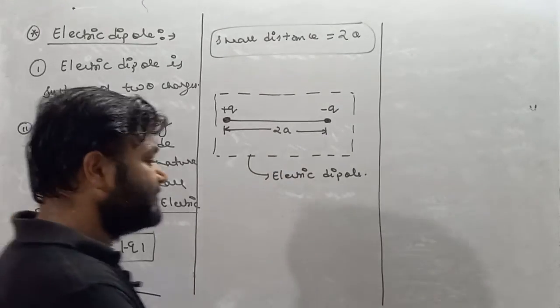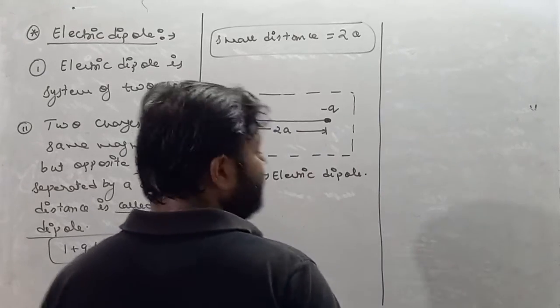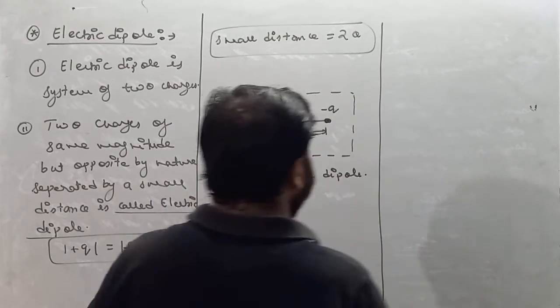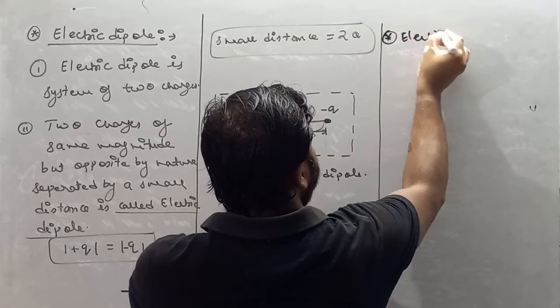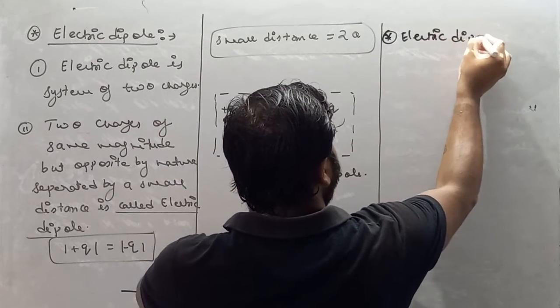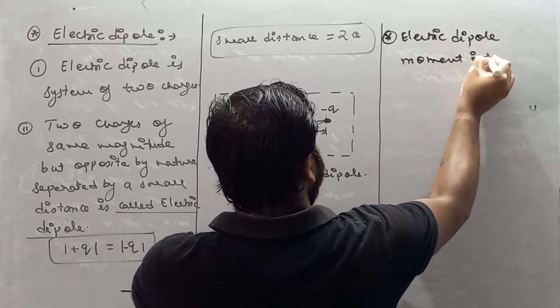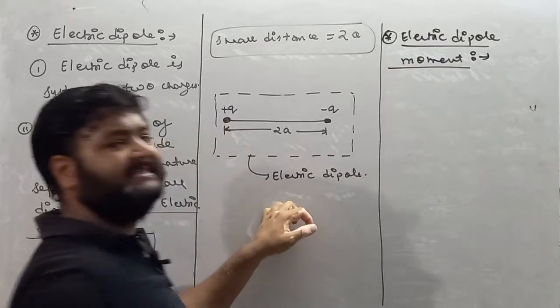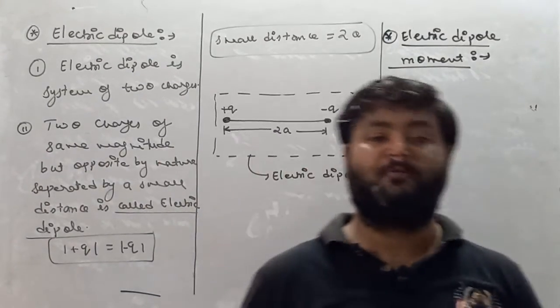Now moving to the next topic. In this similar topic, it is electric dipole moment. Write down electric dipole moment. For every electric dipole, it carries its electric dipole moment.